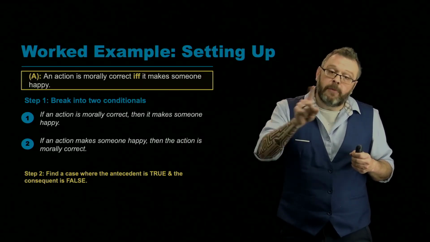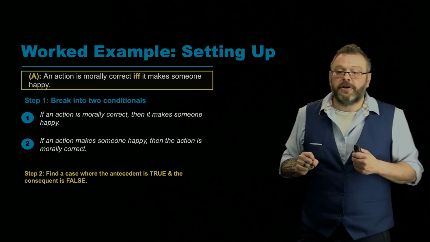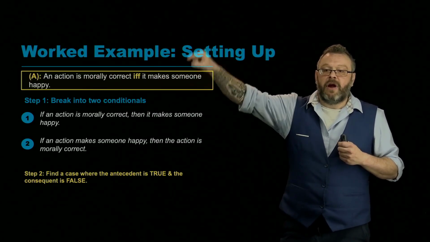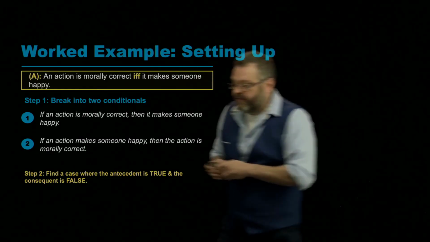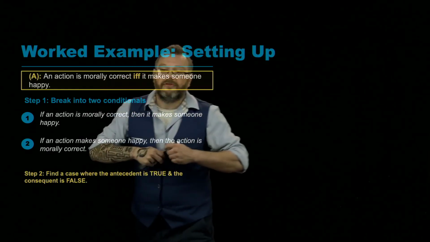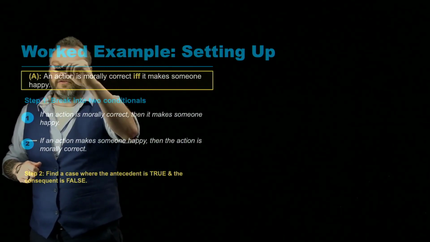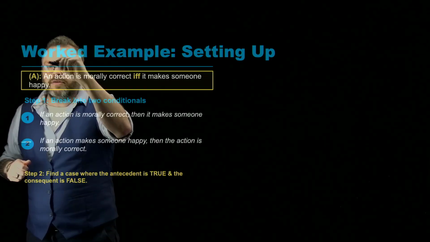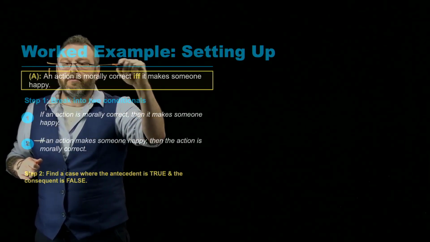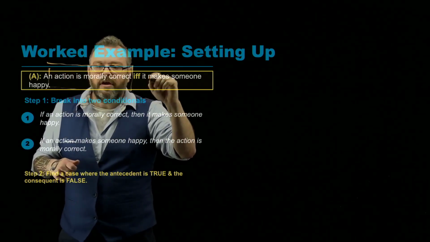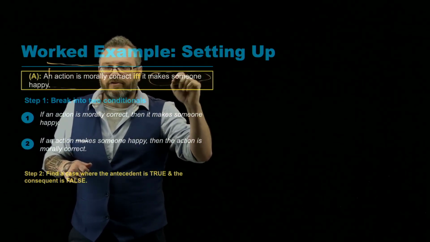So remember, step one, what are our two conditionals? I'm going to go if left, then right, and then if right, then left. If we stick with our little boxes and circles like we were doing with logic, here's the box, an action is morally correct, and makes someone happy, that's the circle.